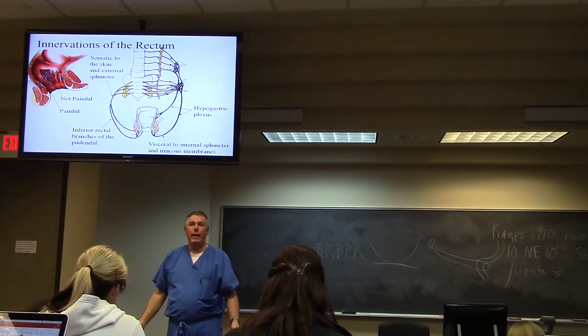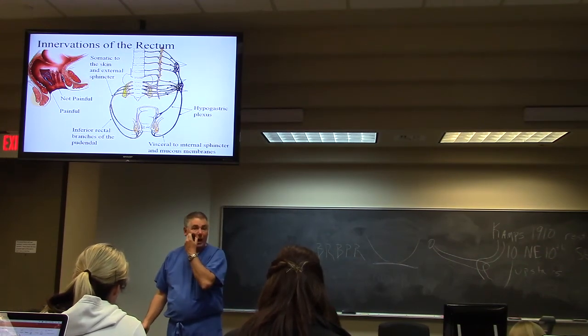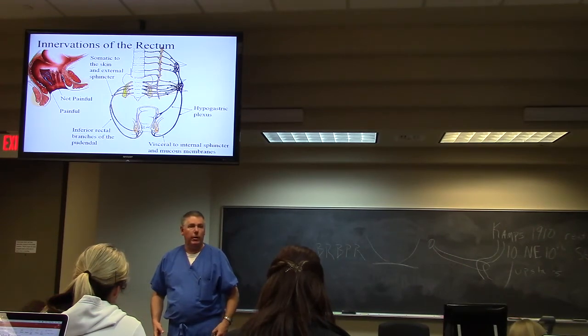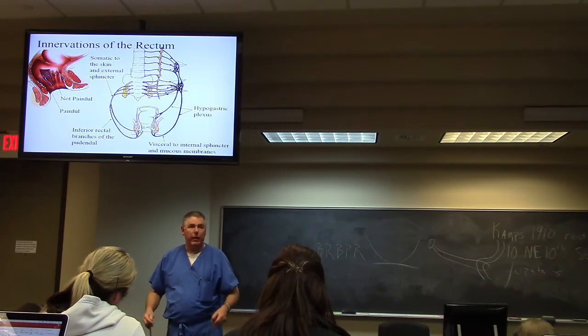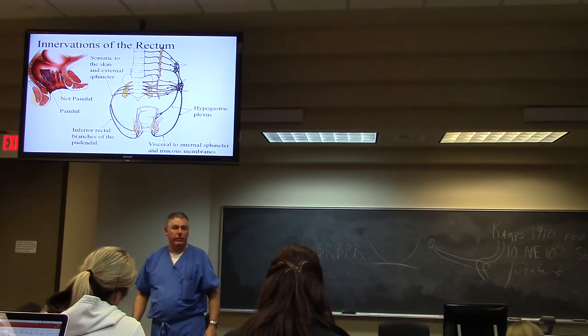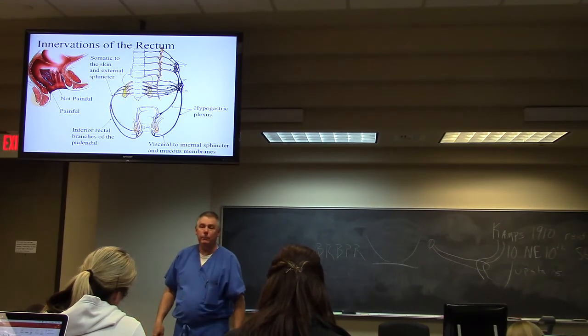You can contract your pelvic diaphragm. Not only can you contract the puborectal sling, you can contract your whole diaphragm. Those are Kegel exercises, after delivery. They want you to do isometric contracting of your pelvic diaphragm to strengthen the floor of your pelvis. That's what that's all about.